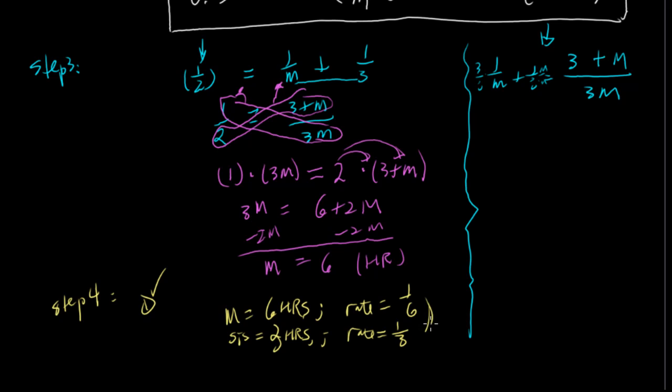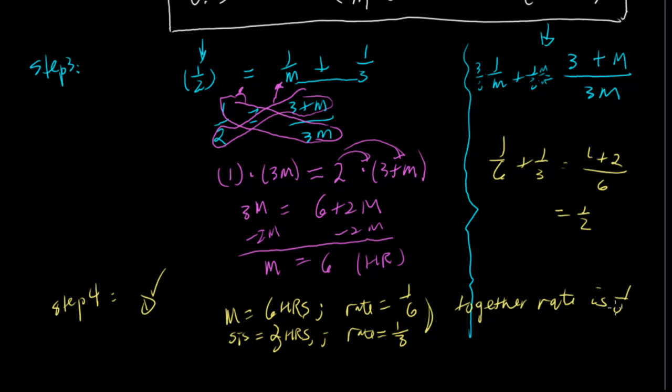If you add those two together, let's do this on the side quickly, it's 1 plus 2 over 6, which is half. So the together rate is half job per hour, which means together they can finish half the job in an hour. So it takes 2 hours to finish the job.